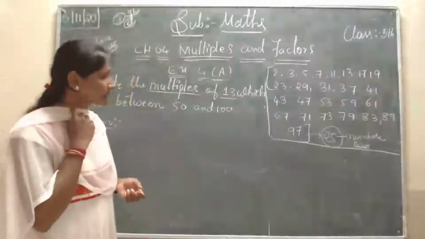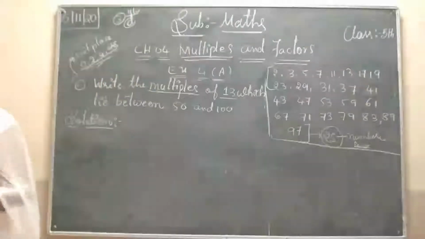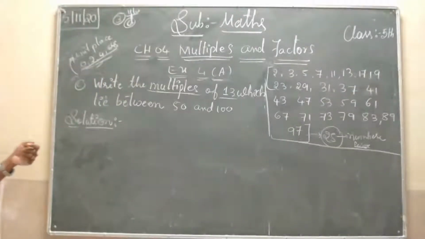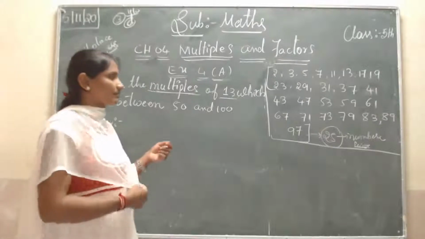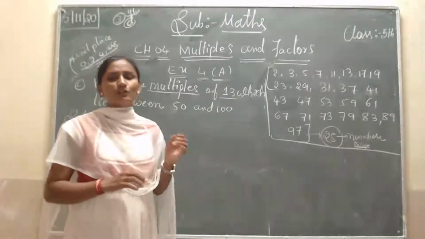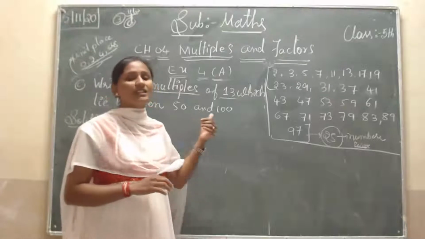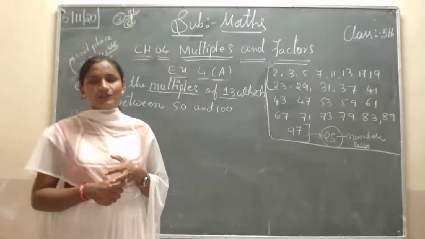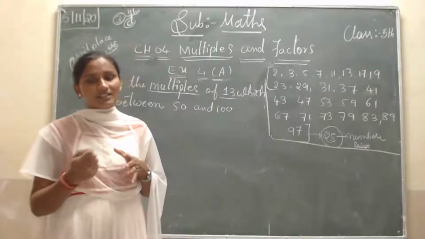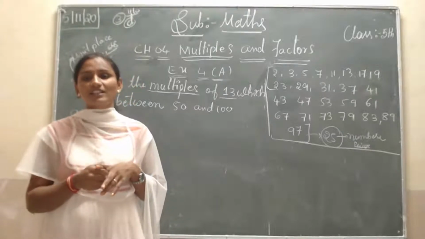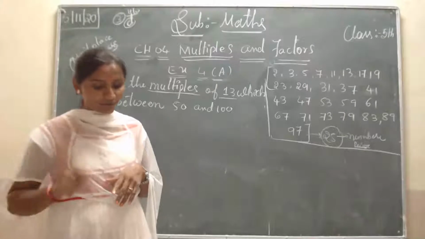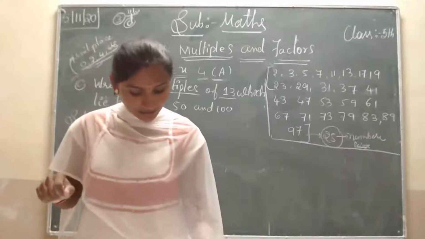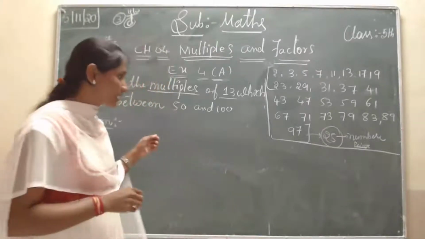You have to consider the 13 table. 13 ones are 13. This 13 does not come between 50 and 100. 13 is not, 26 also not. 13 twos are 26, 13 threes are 39. 13 fours, students, you can observe is 52. First you have to write the table.